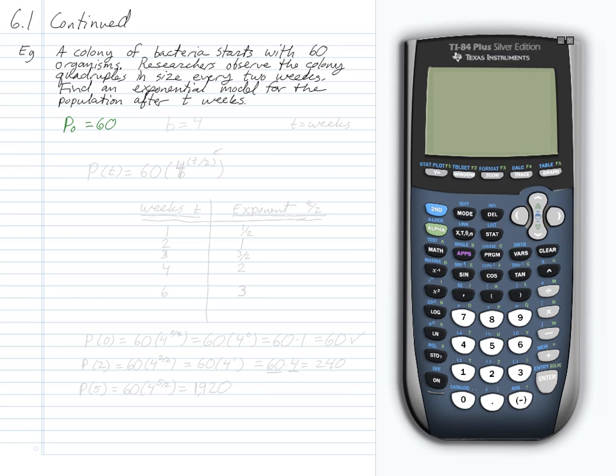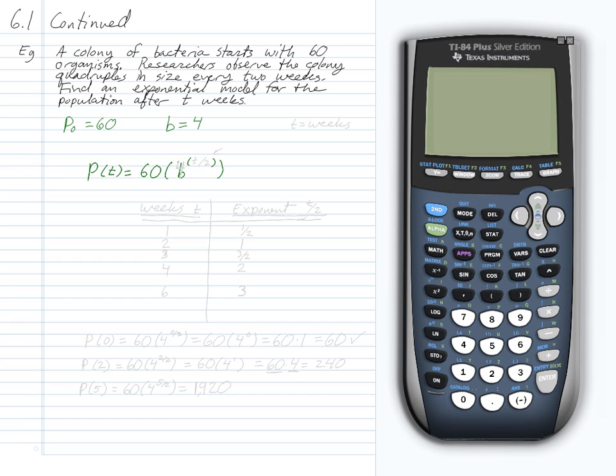So what we might want to do is recognize what our base is going to be. Our base here, we're told that this population quadruples, so we're going to have a growth factor of 4. So I can begin setting up our equation. P of t is going to have the initial population times the base. Now we're going to be raising to a power.